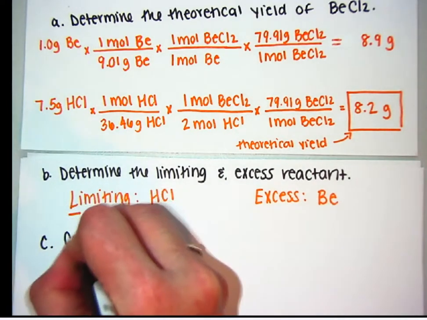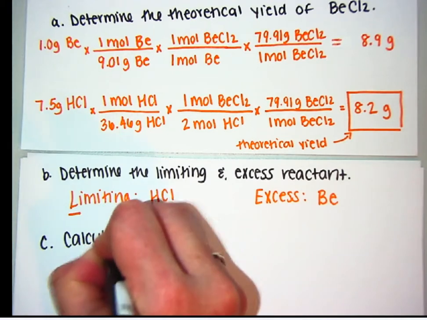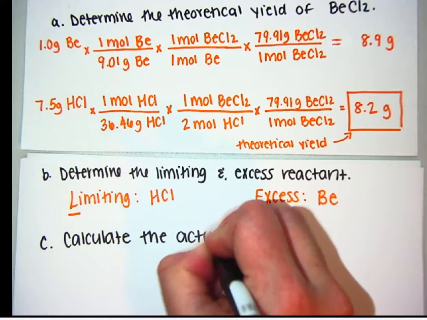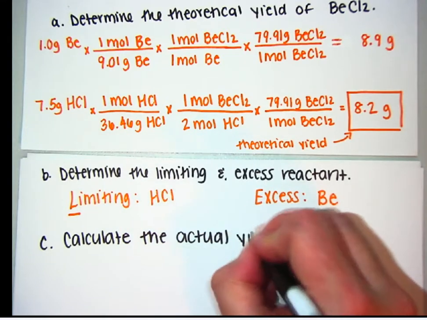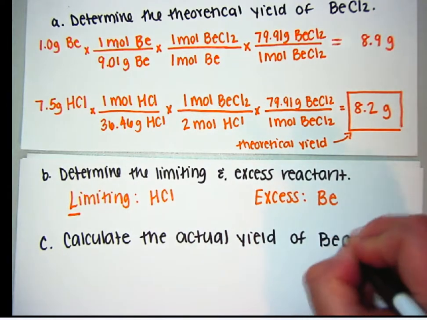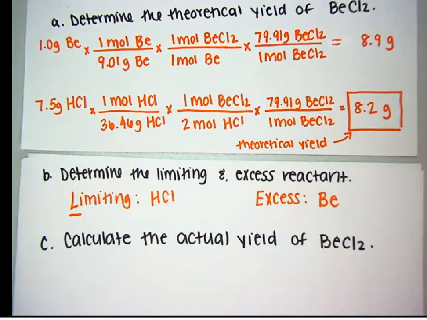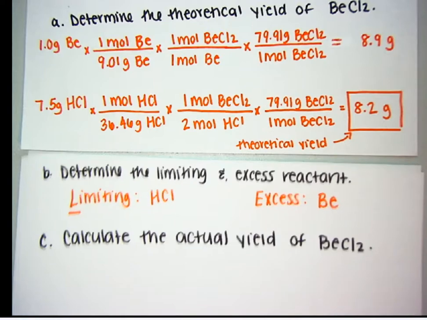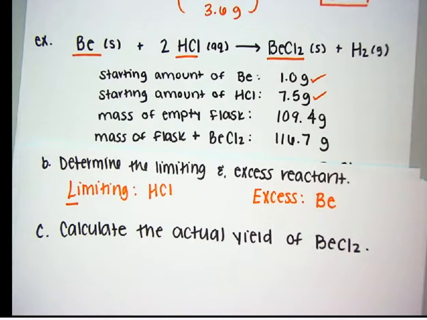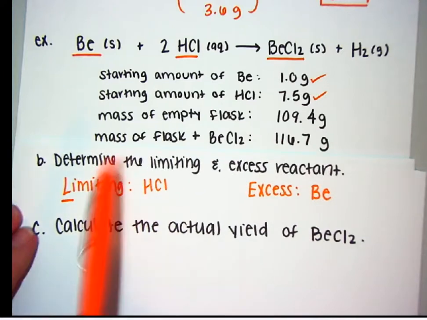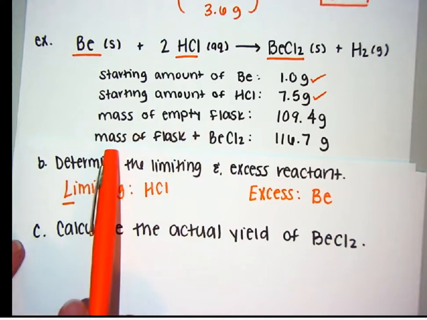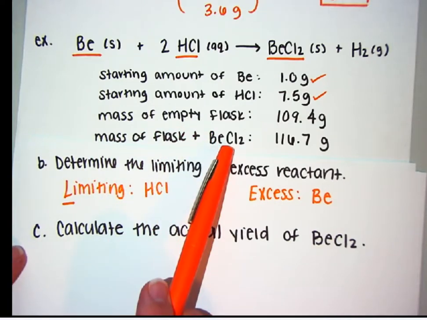C. Calculate the actual yield of beryllium chloride. So to do this, we have to go back to our data table. So I have the mass of the empty Erlenmeyer flask, and I have the mass of the flask plus the beryllium chloride.